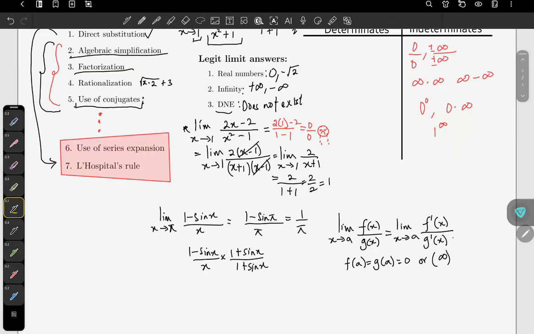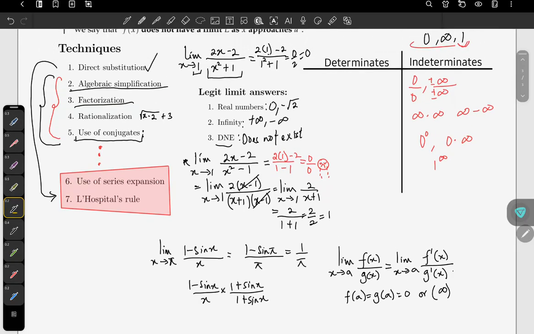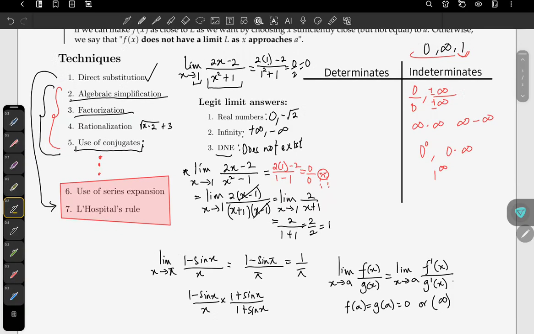So for most questions that you would see that give 0 over 0 or infinity over infinity, one would require some creative ways to maneuver and to be able to get good answers, determinate forms. So the good answers include infinity plus infinity, in addition to these three answers.